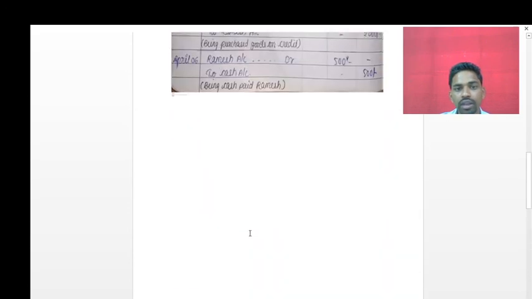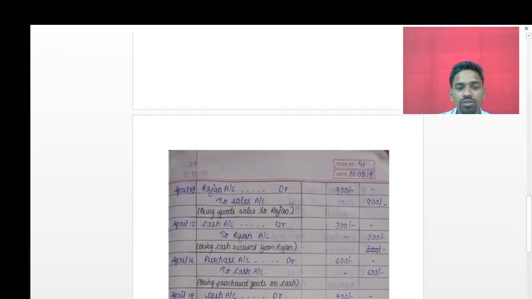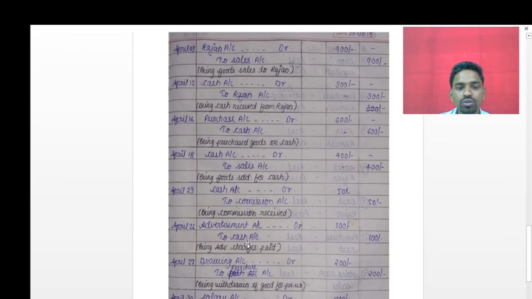So next transaction, on 26th, paid advertisement charges. Paid advertisement charges means what paid? Cash paid for what? Advertisement. So there are two accounts affecting, the cash account and the advertisement account. So how will the entry be?